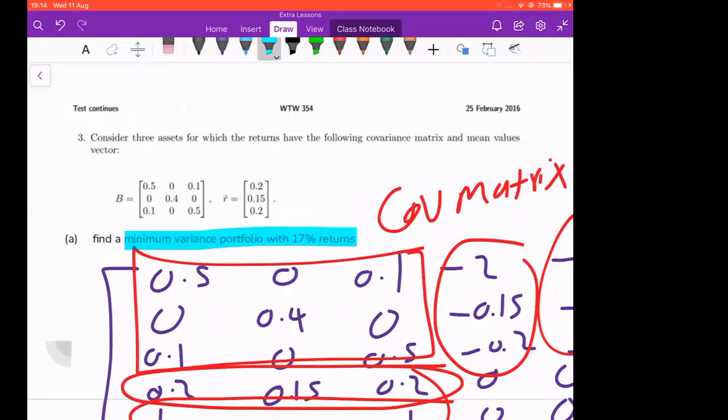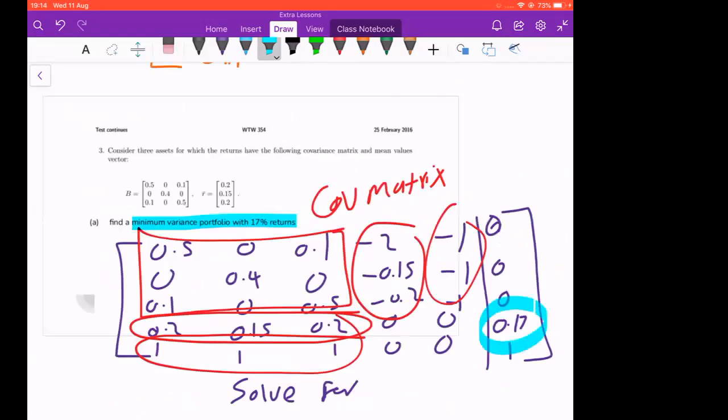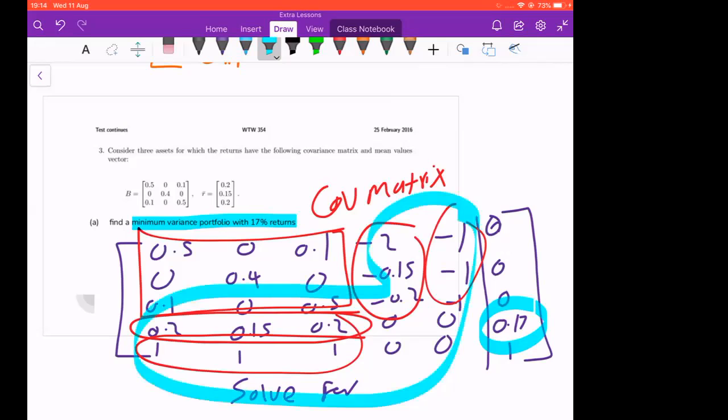They literally stated 17%, hence you have to include it in your calculation, and the only way to include it is if you write the whole equation. So you are building a portfolio you want with the returns that you have specified.